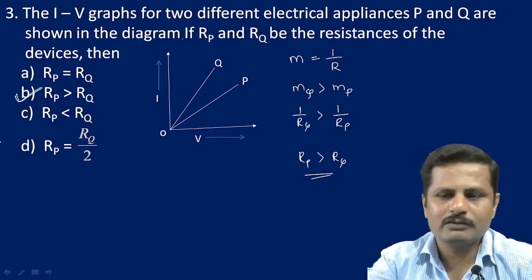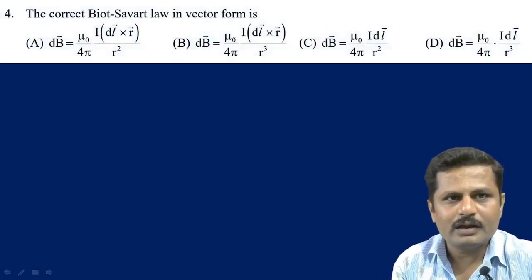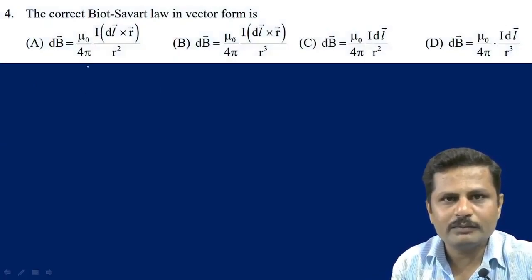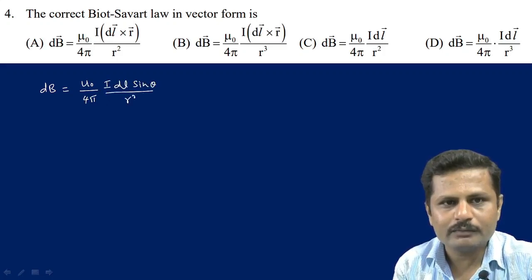Okay, moving to the next question, the correct Biot-Savart law in vector form is. We know that according to Biot-Savart's law, the magnitude of the magnetic field at a point is equal to mu naught divided by 4 pi, I dl sin theta, divided by r square.